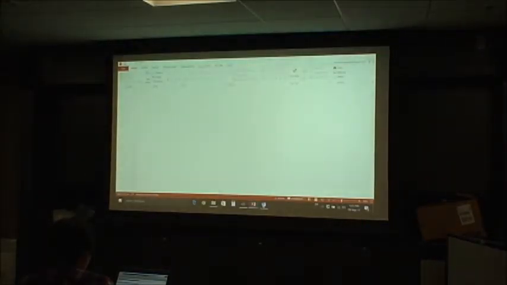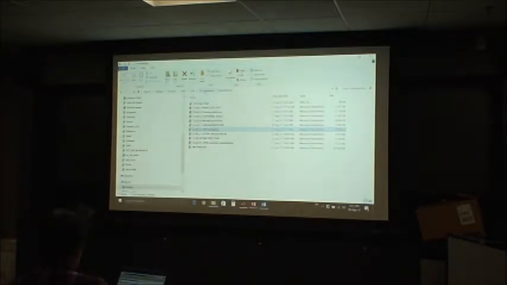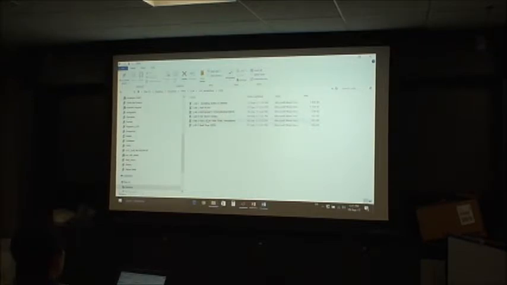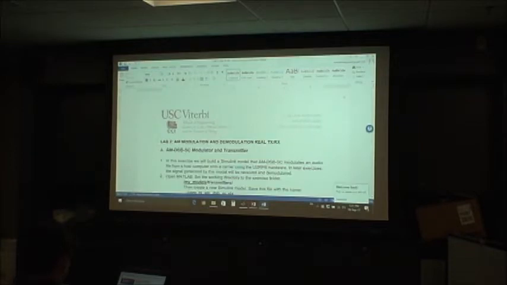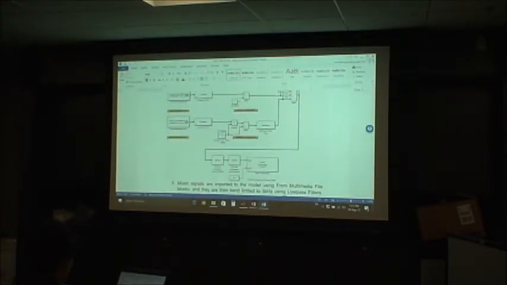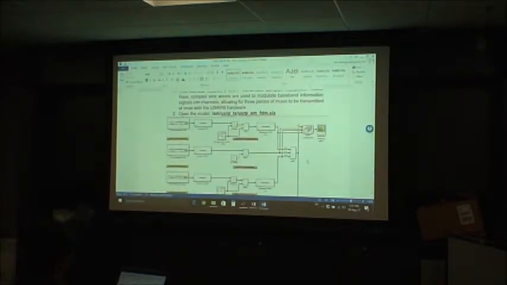Let's say this one, or this one. This one on the transmitter and on the receiver side.